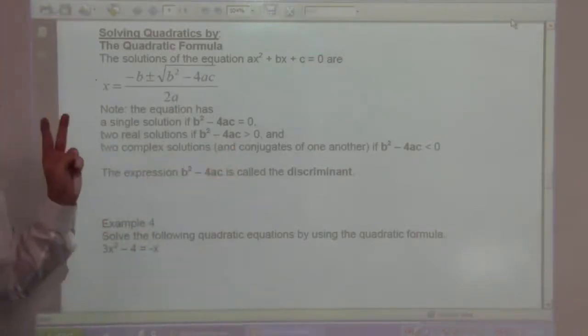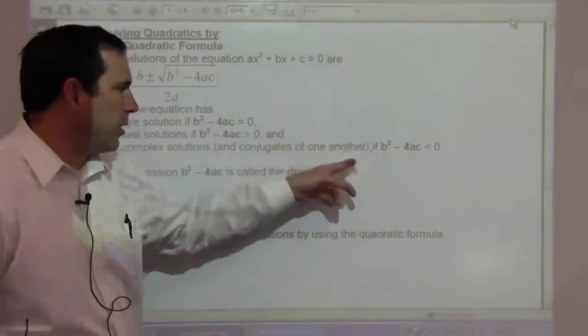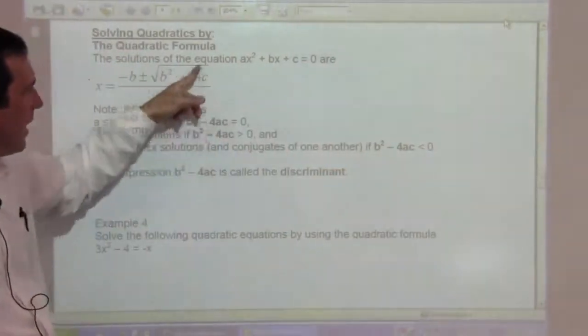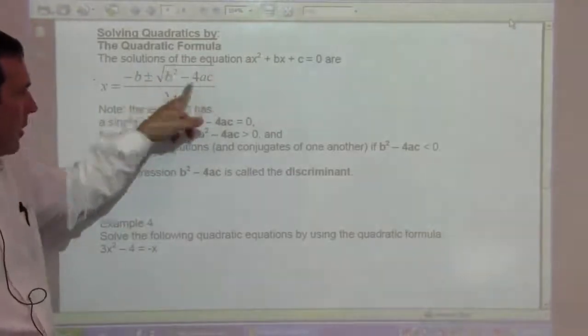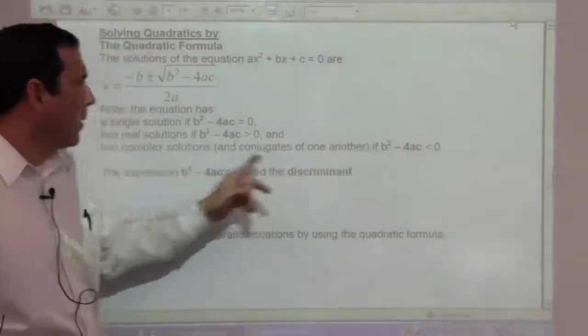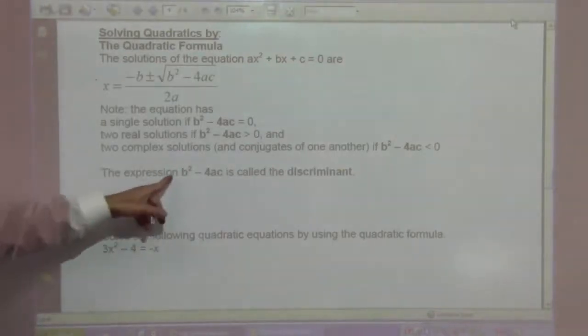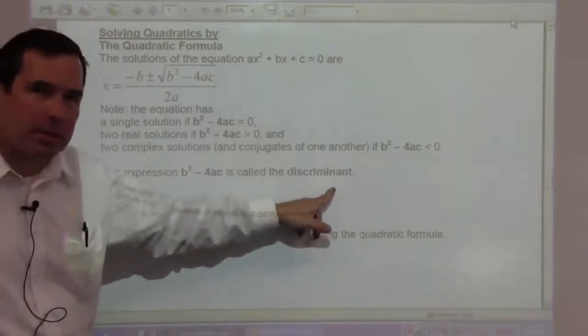It has two complex solutions that are conjugates of one another if b squared minus 4ac is negative. Why? Because we'd be taking the square root of a negative. So if the discriminant is negative, you have two complex solutions.